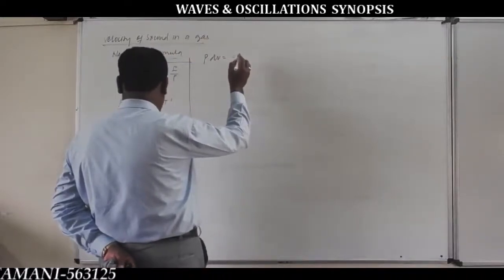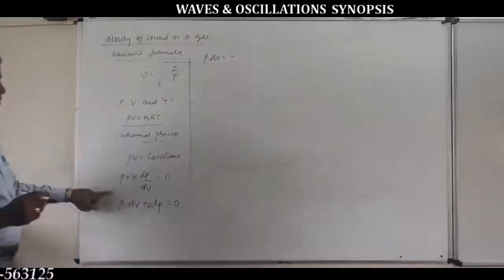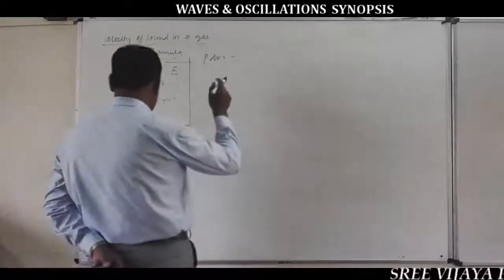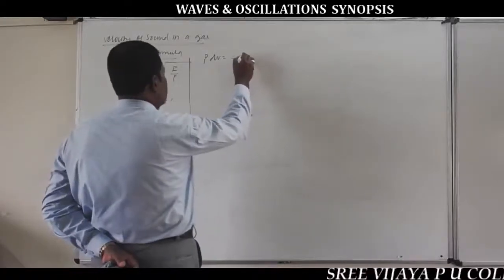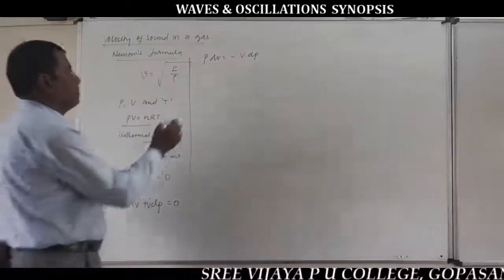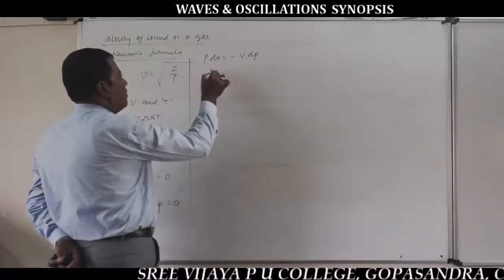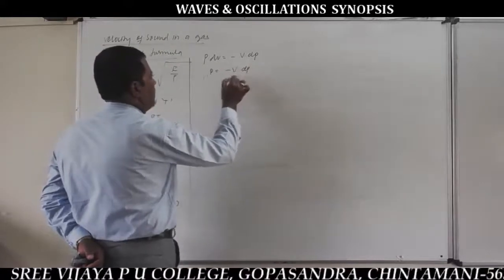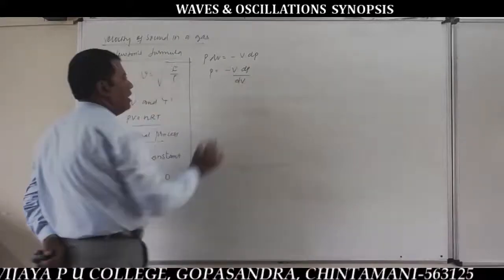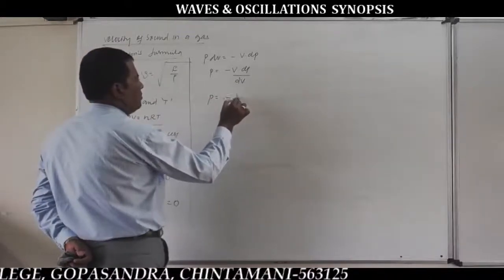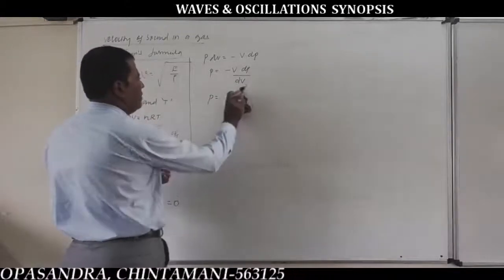So P into dV is equal to minus V into dP. P is equal to minus V into dP by dV.